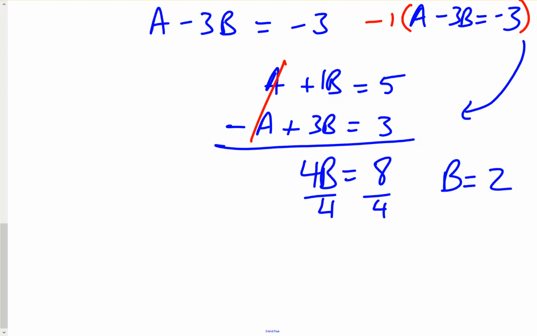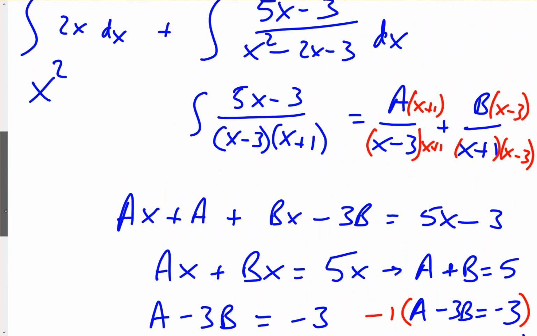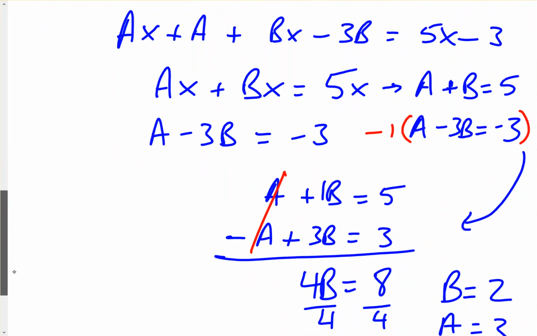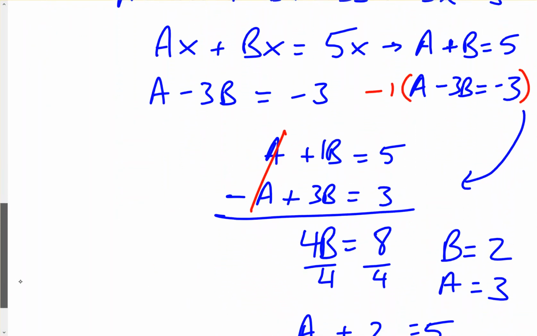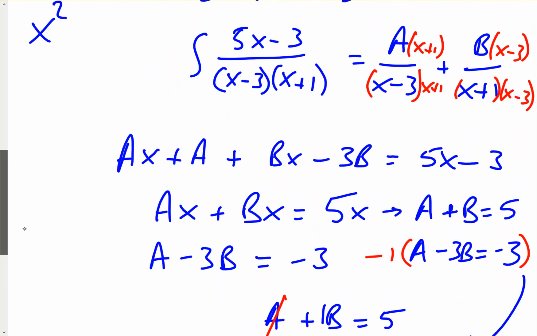And if b equals 2, let's put that into the top equation. A plus 2 equals 5. So that means a equals 3. Okay, so that means we could go back. A is 3, b is 2, and we could plug those in.